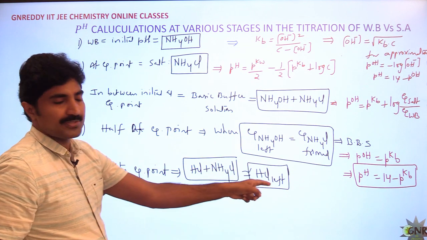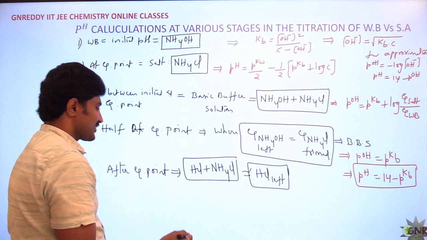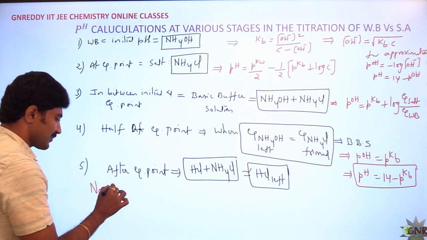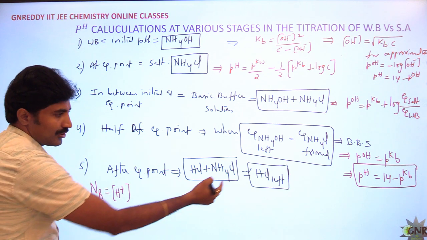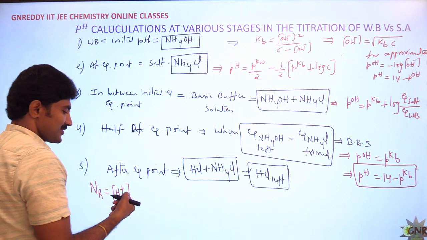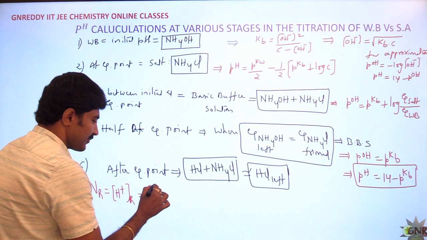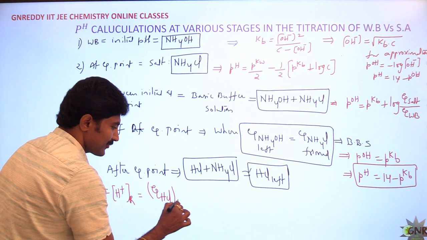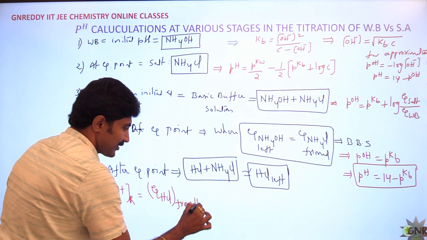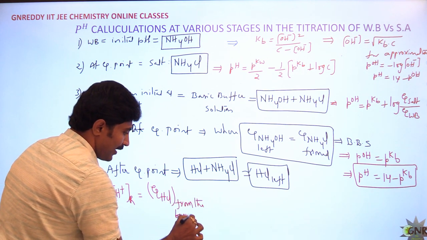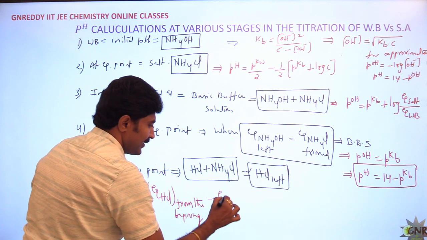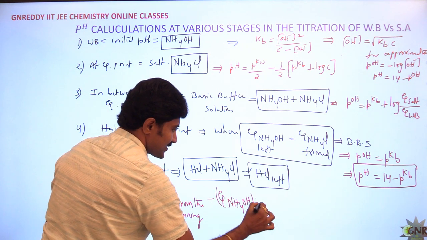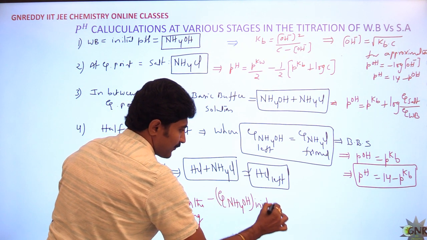And after the equivalence point, the pH of the left HCl can be obtained. What is left HCl? The resultant normality is H plus, because the left solution has HCl, acidic in nature. And how can this be obtained? From the beginning level, how many equivalents were added, and how many were consumed here? Equivalents of ammonium hydroxide consumed, which was initially taken.